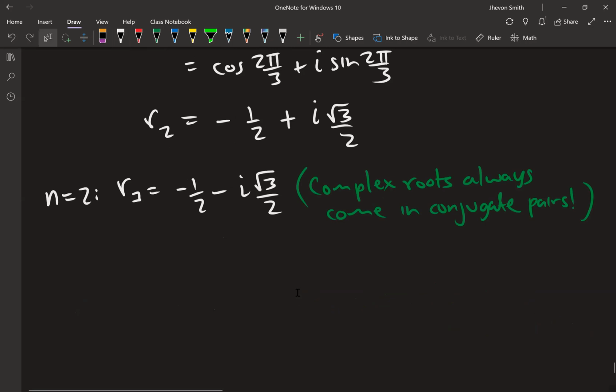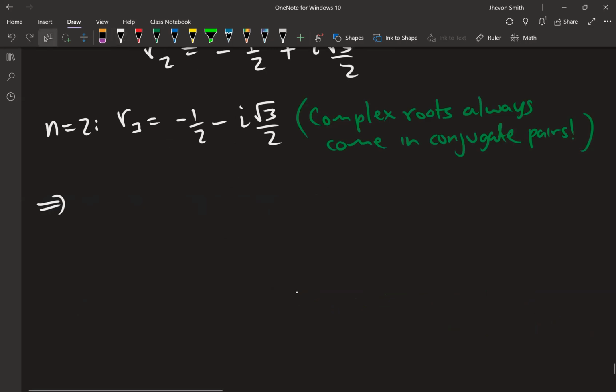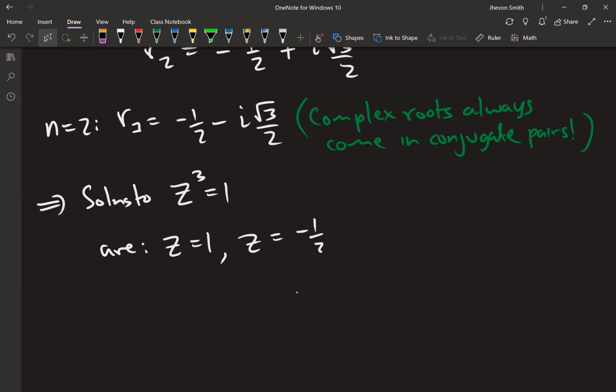And so, finally, I can talk about the solution to z cubed equals 1. Solutions are z equals 1 is one solution, and z equals minus a half plus or minus i radical 3 over 2 are the other two solutions. And there are your three complex solutions.